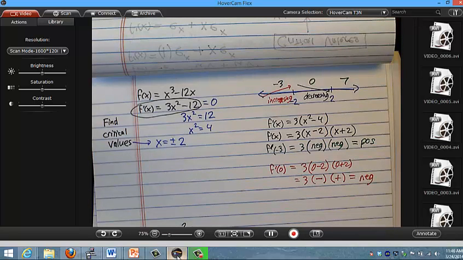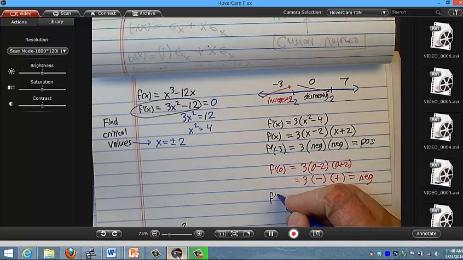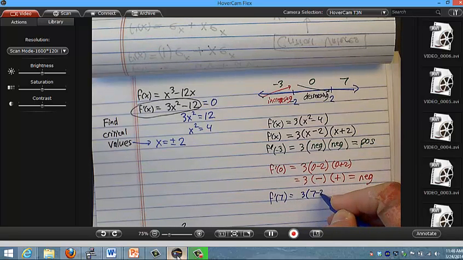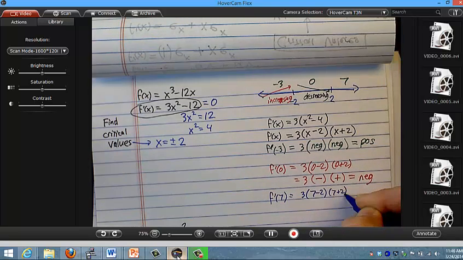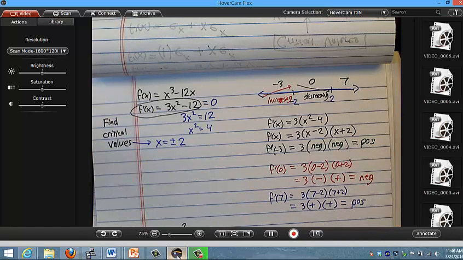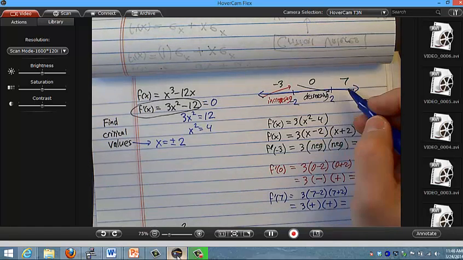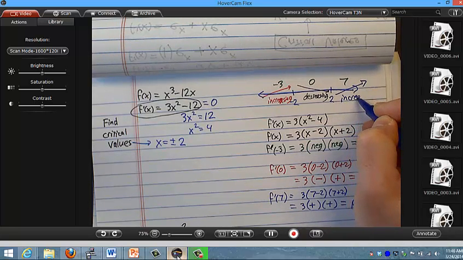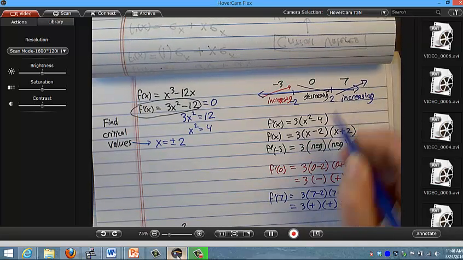And now, once we're greater than 2, let's try f prime of 7, I said. That's 3 times 7 minus 2 times 7 plus 2. Again, I don't really care when I do the first derivative test what these things equal. All I care is I know that it's positive. And that tells me that my function is going to be increasing once we get past that value there.